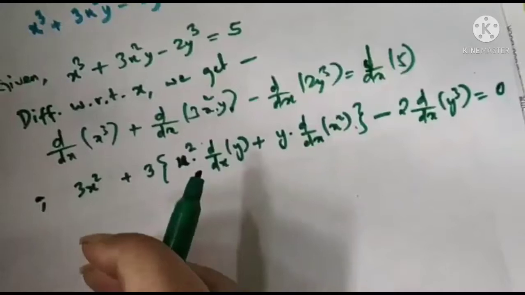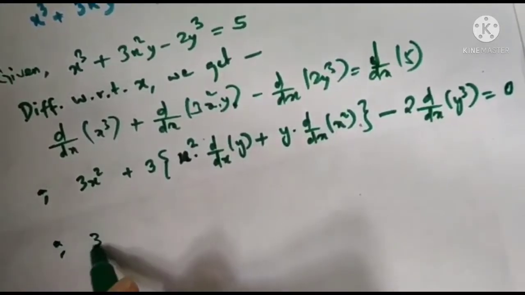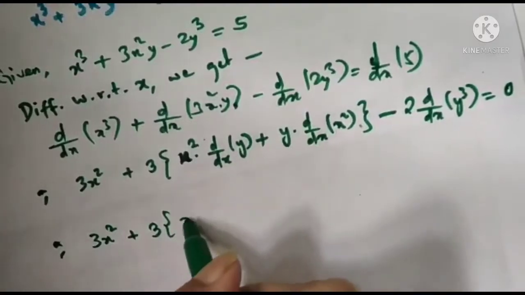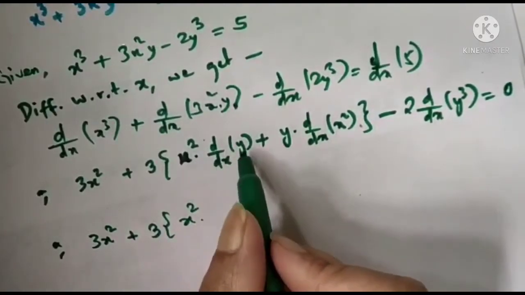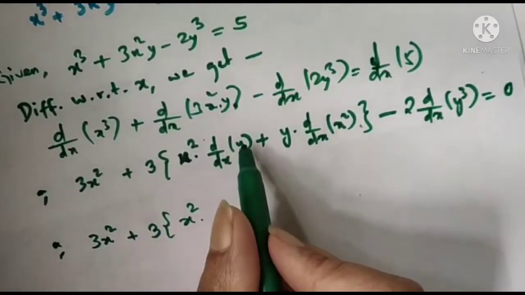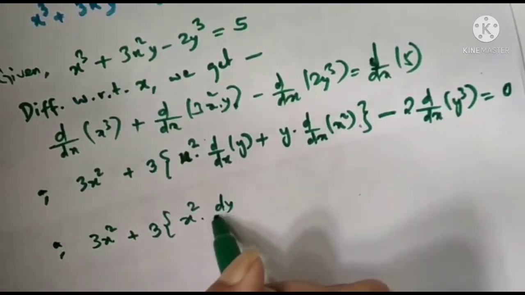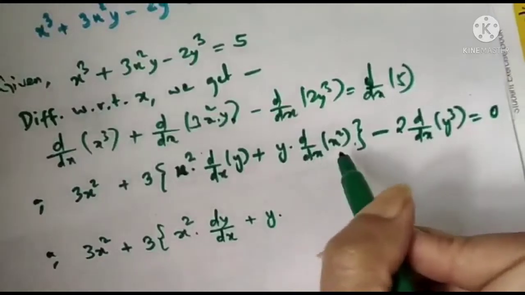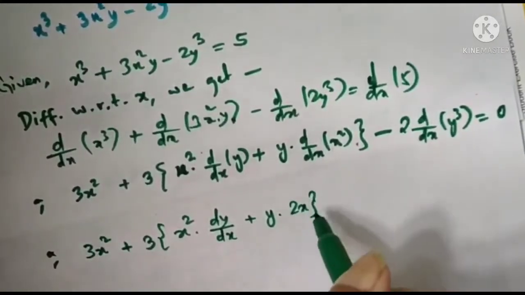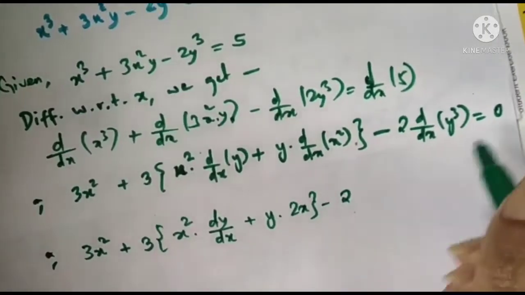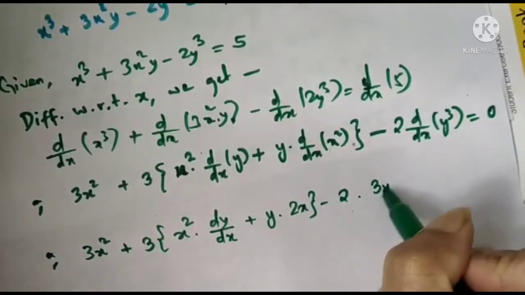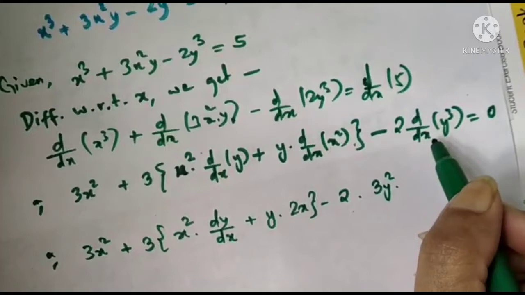So next step: 3x square plus 3 into, inside the bracket, x square into d by dx of y. x is a different variable, y is a different variable, so it becomes dy by dx. Plus y into d by dx of x square, which is 2x. Minus 2 into d by dx of y cube, which is 3y square into d by dx of y.